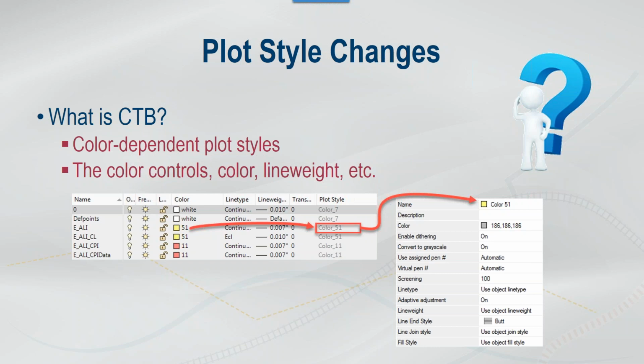Just like an STB plot style table, the plot styles can defer to the layer or object for plotting output control. The type of plot style table used is determined by a drawing setting. If you want to use a CTB plot style table, you must be using a CTB drawing or template. Switching a drawing or template from STB to CTB or vice versa requires a conversion or mapping process.